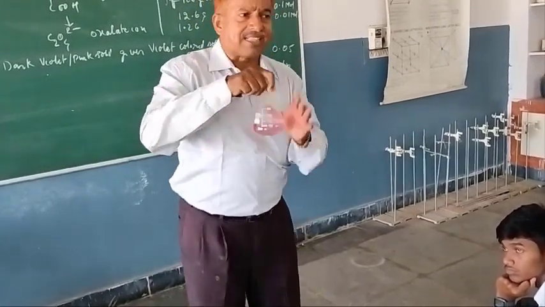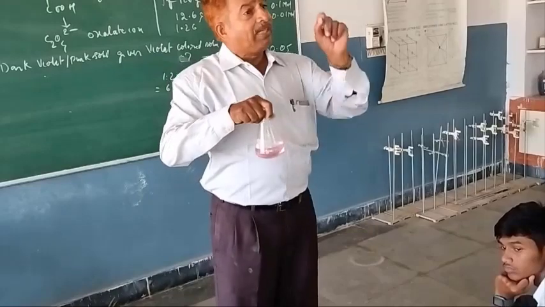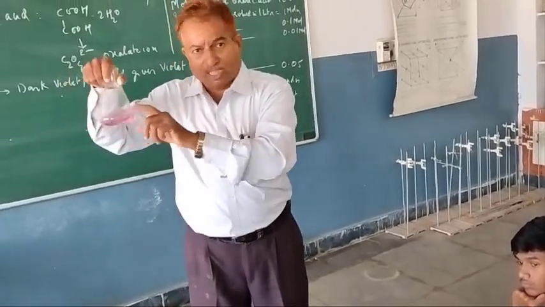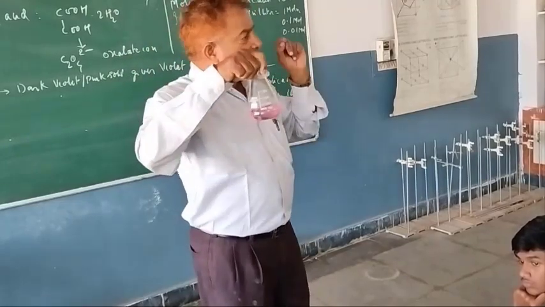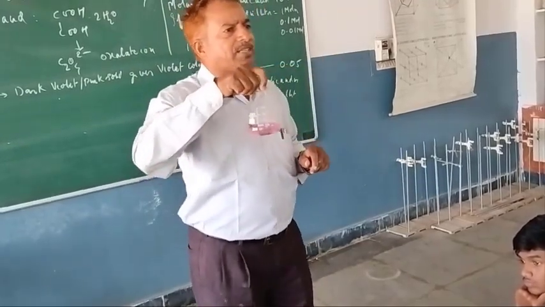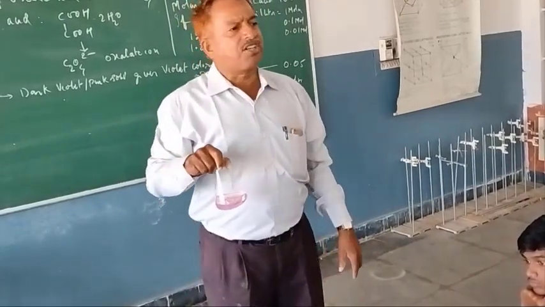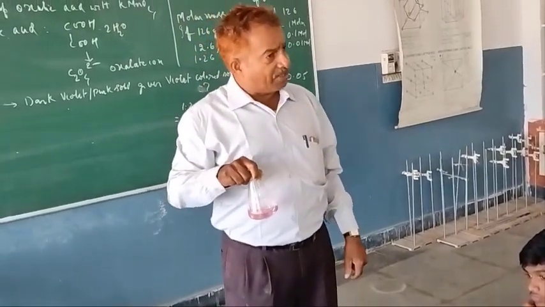Now you go on adding until a light violet or pink color is left in the conical flask. That means we can understand that the reaction is completed.